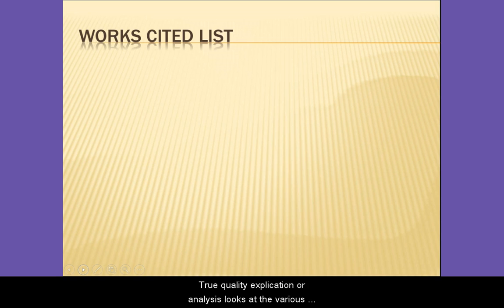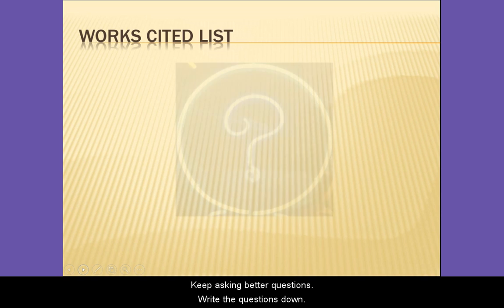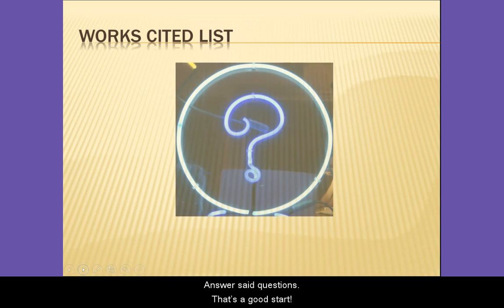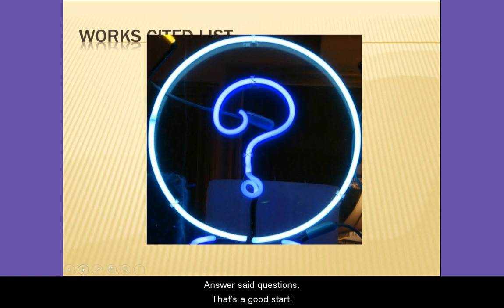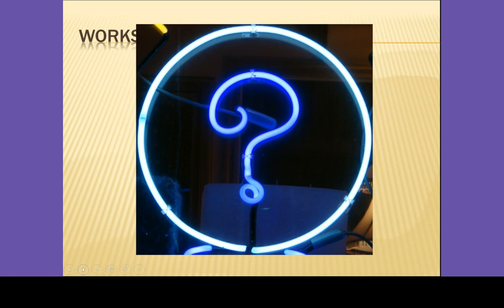True quality explication or analysis looks at the various aspects of a poem and how they work together to make a complex whole. A lot of this is about identifying relationships between parts of the poem, the nature of those relationships, and what these relationships suggest about the real world, whether that world is physical, internal, or some combination of the two. Keep asking better questions. Write the questions down. Answer said questions. That's a good start.